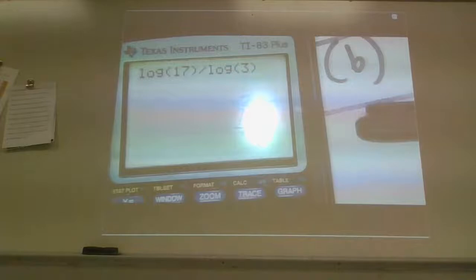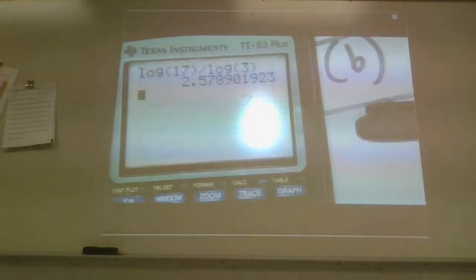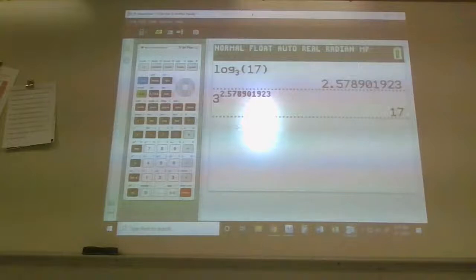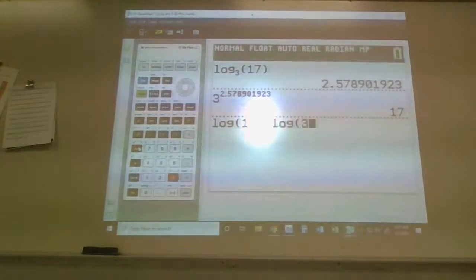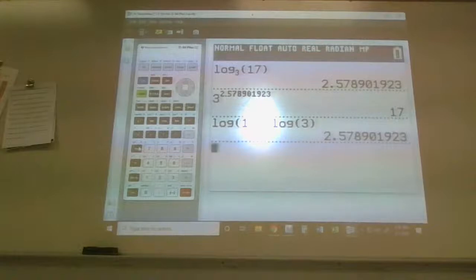And it works. There's the answer right there. 2.5789, blah, blah. That's the calculation, log base 3 of 17. You can also type it in like this: log of 17, close the parentheses, divided by log of 3. Clearly getting me the exact same decimal.